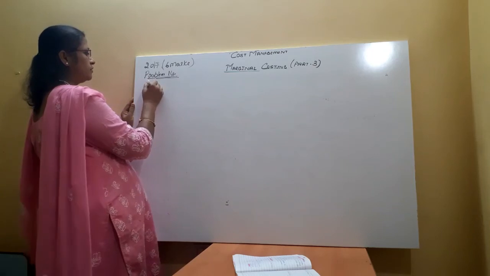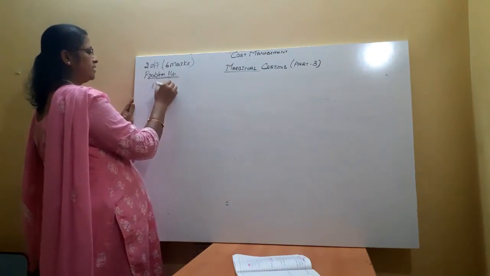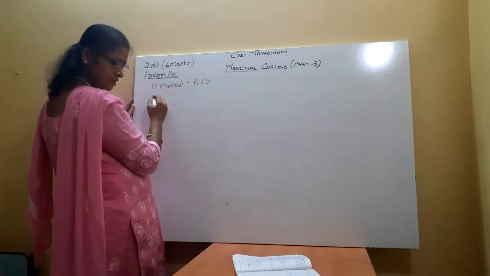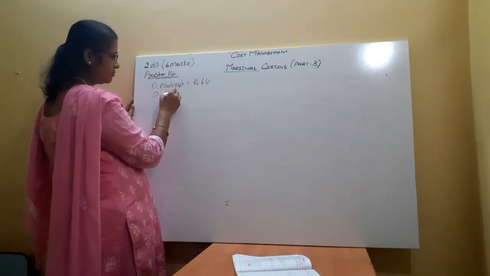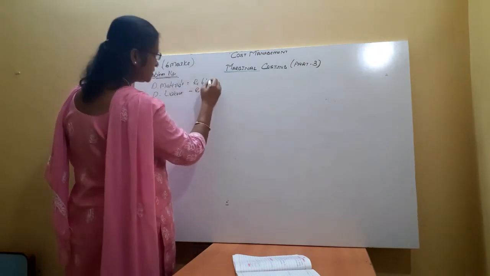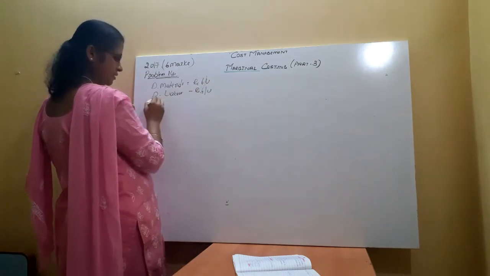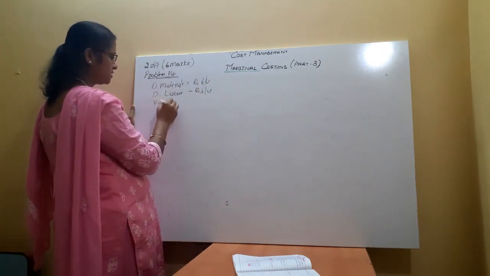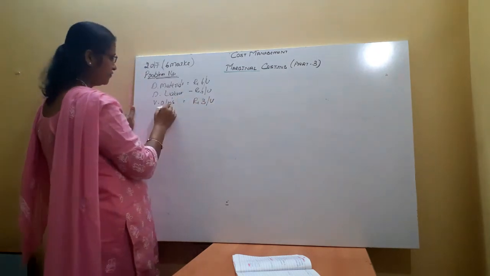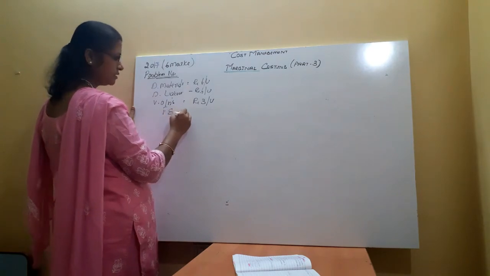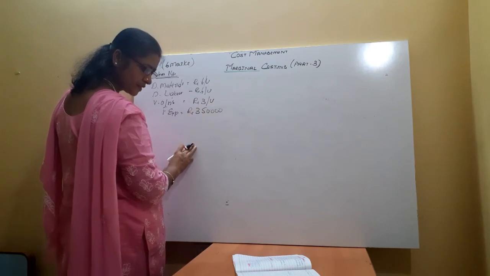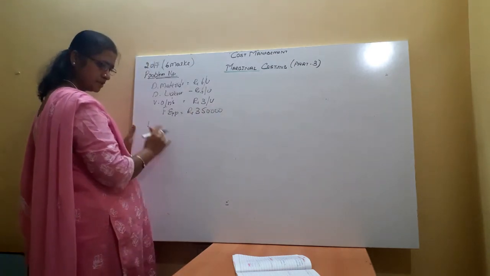Here they have given you direct materials rupees 6 per unit, direct labor rupees 6 per unit, then variable overheads rupees 3 per unit, fixed expenses as rupees 3,50,000.